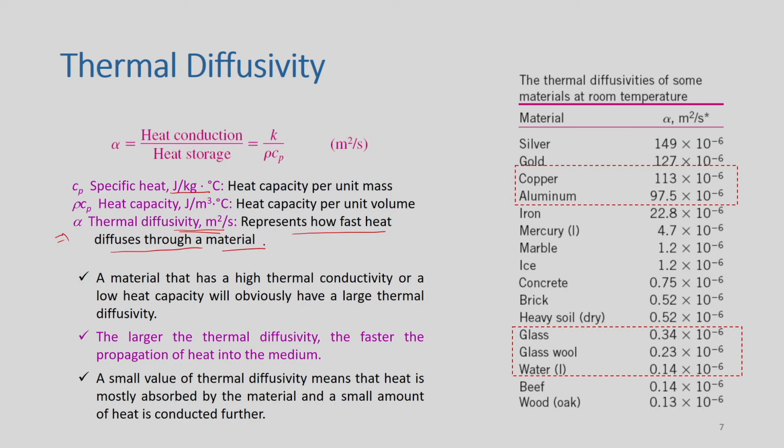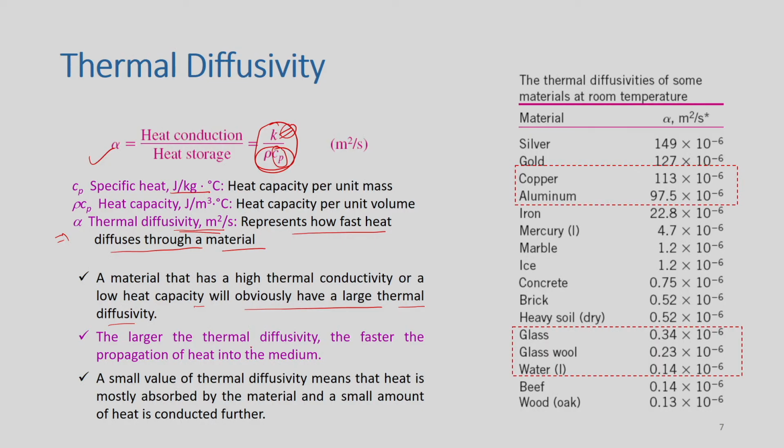A material that has a high thermal conductivity or a low heat capacity will obviously have a large thermal diffusivity. As you can see from this expression, if we have high values of thermal conductivity and this rho Cp, the heat capacity, is lower, then we will have higher values of thermal diffusivity.